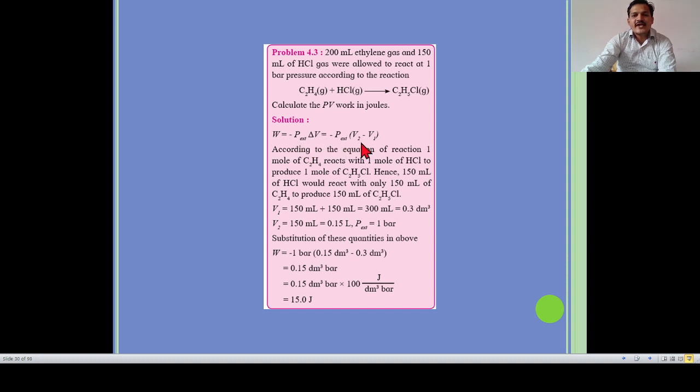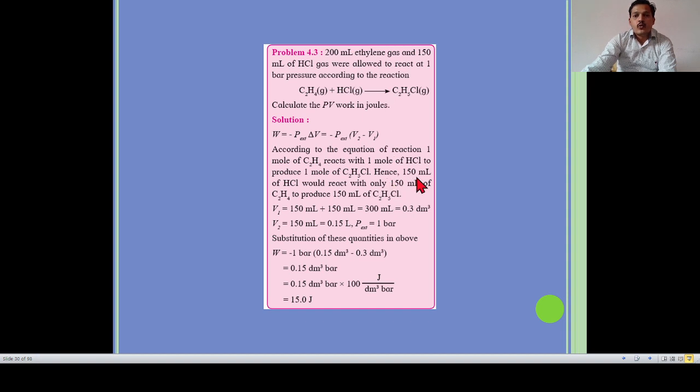So delta V is V2 minus V1. According to the equation, 1 mole of C2H4, that is, the stoichiometric coefficient of C2H4 is 1, reacts with 1 mole of HCl, whose stoichiometric coefficient is 1, to produce 1 mole of C2H5Cl, with stoichiometric coefficient 1.